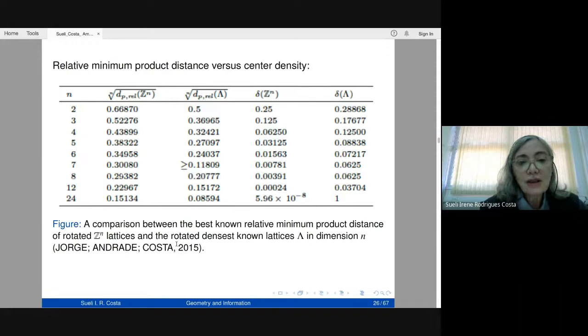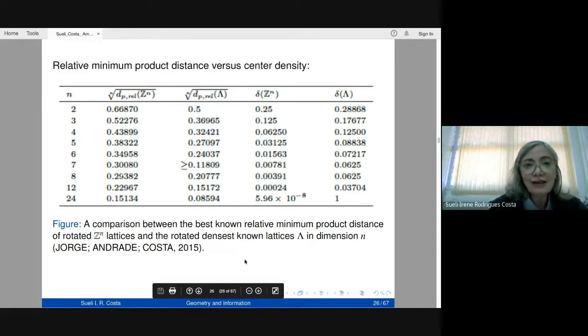Here is some work we have been doing. Some constructions of lattices allow us to get this number, which is usually very hard to calculate, from algebraic procedures. And usually the Z^n lattice has better product distance than the best lattice in that dimension, right? This is the comparison here, just to give an idea of that.